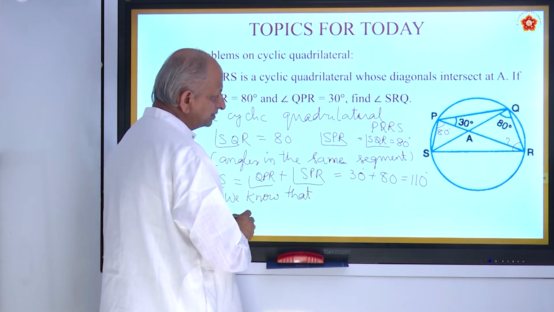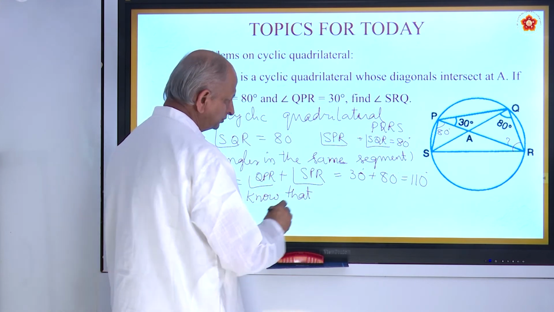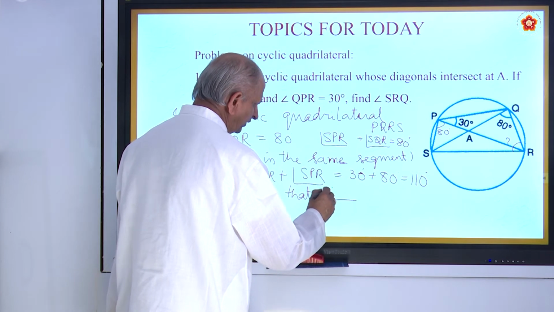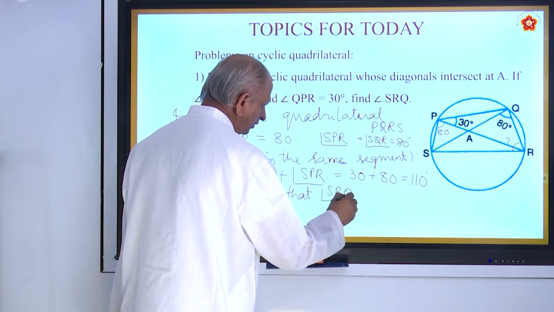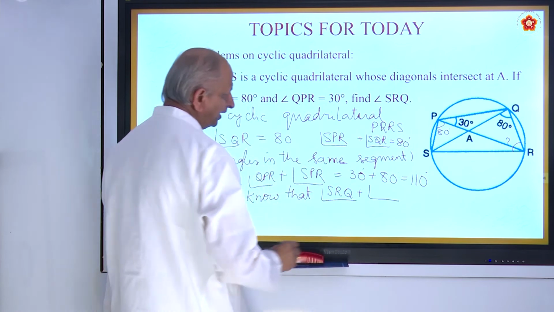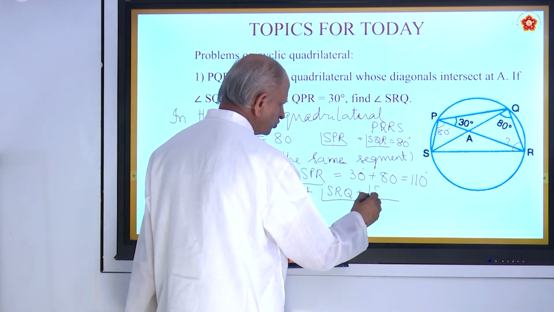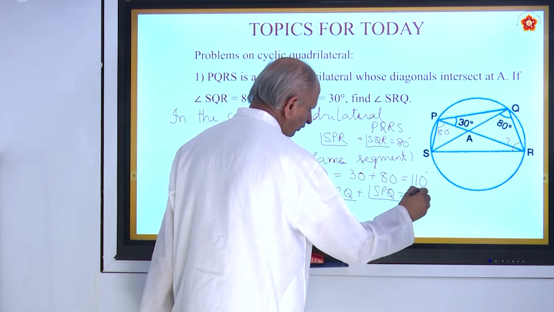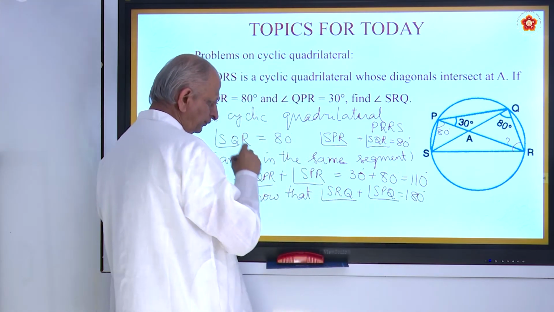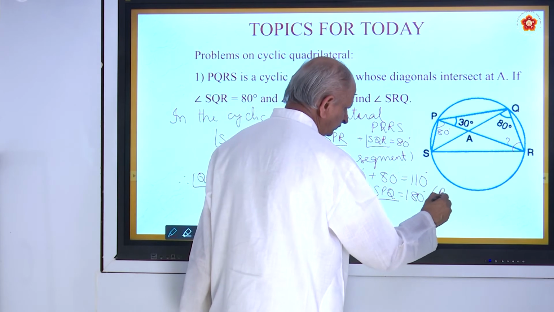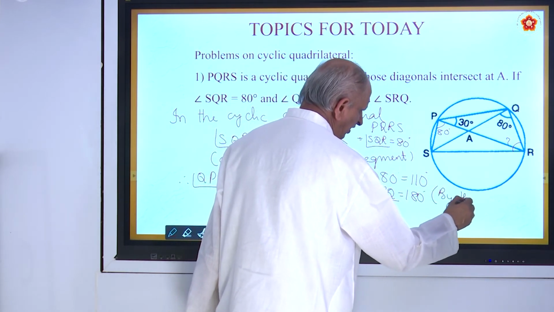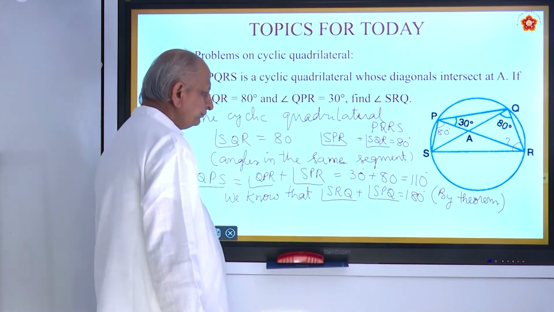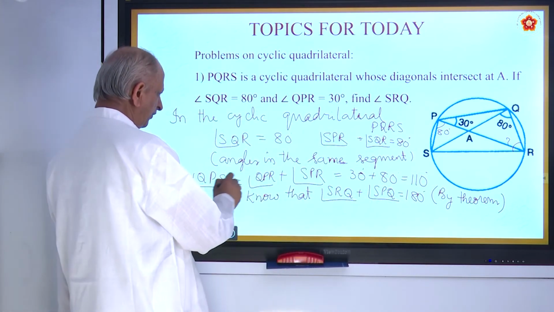We know that angle SRQ plus angle SPQ is equal to 180 degrees. Why? By theorem. Opposite angles of a cyclic quadrilateral. In that, SPQ we have found out now.